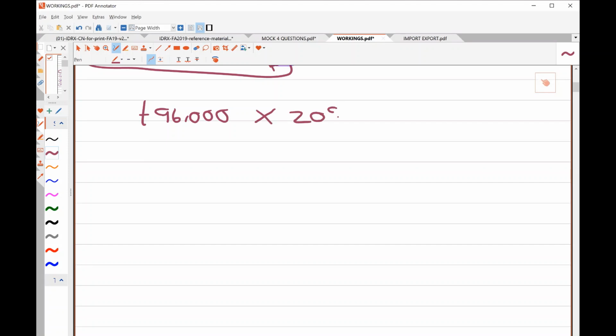So if I times that by 20%, or add 20% onto it, I will end up with VAT, or output VAT even, of £19,200. Yeah, add 20% is fine.